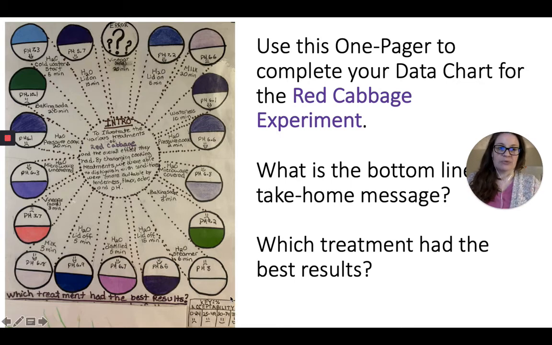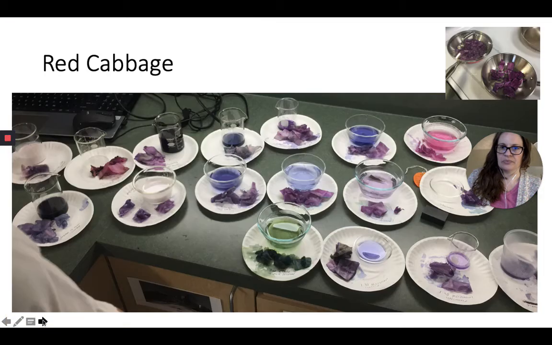You might want to convert that to something else if you would like. They have their cooking times here, and their conditions are labeled there as well. And here's a picture for the red cabbage people too, so that might help you as well.